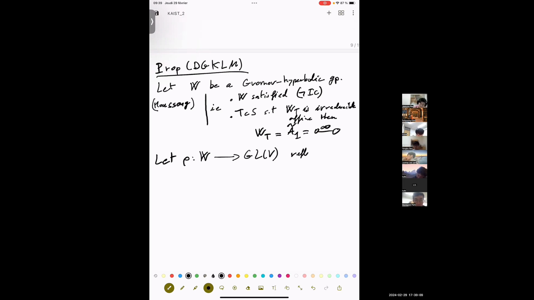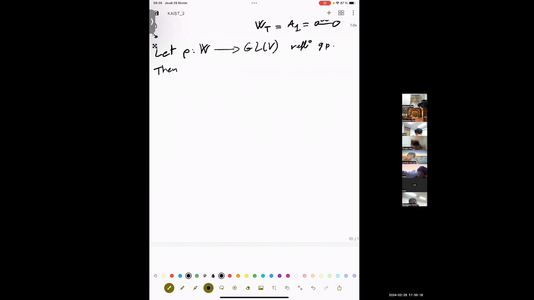So I just write like this. Then you have a very simple characterization.